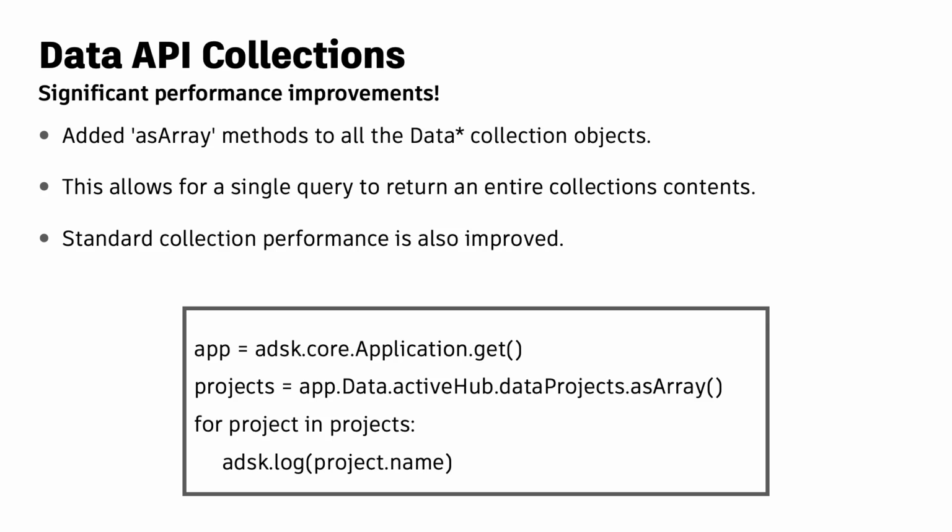In Python, it'd just be a list. And now that list object is incredibly fast to iterate, instantaneous. Whereas before, even just running this little script could have taken quite some time in a large hub. Now it would just be instantaneous.